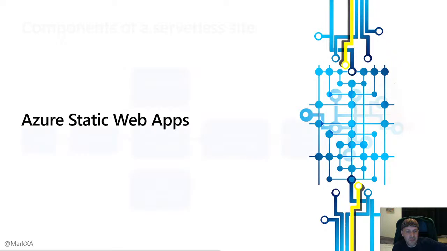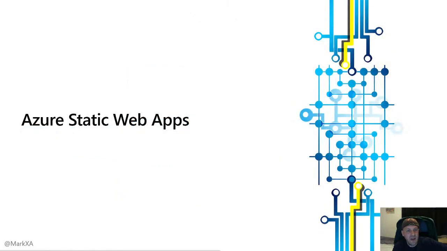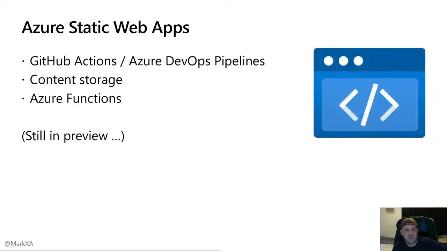And well, the right-hand side of that, the continuous deployment, CDN hosting, the serverless API, and to some extent the static site generator, the CI part of that, is where Static Web Apps comes in. So what Static Web Apps gives you is essentially an automatic CI/CD pipeline.